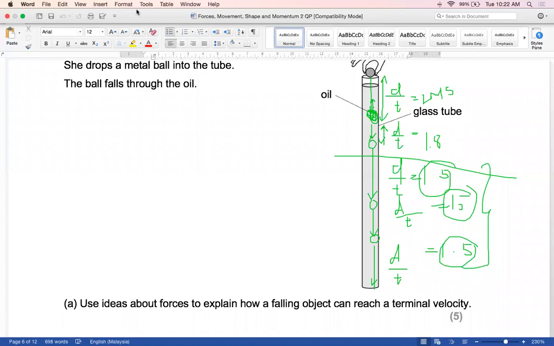So not between the top and bottom of the glass tube, but between 2 points in the glass tube. Number 2, the distance between the 2 points is measured. And then number 3, repeat the steps for the lower part of the glass tube. Okay, sure.